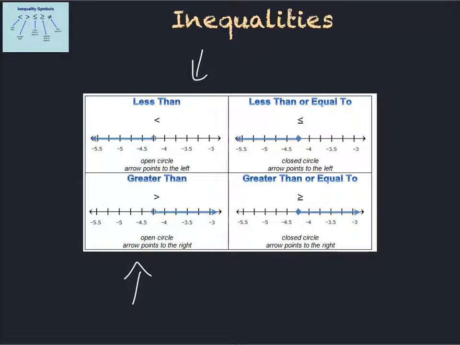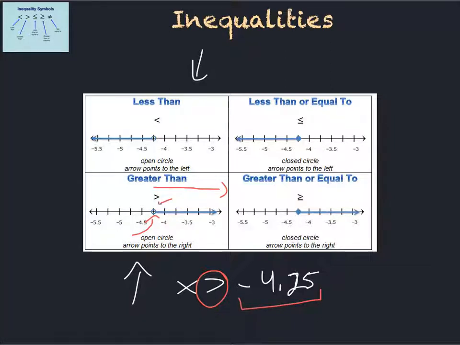If x is greater than negative 4.25, then we're starting at negative 4.25, and because it's a greater than symbol, x is going to be anything that's bigger than negative 4.25, not including negative 4.25. And that's why we have the open circle.